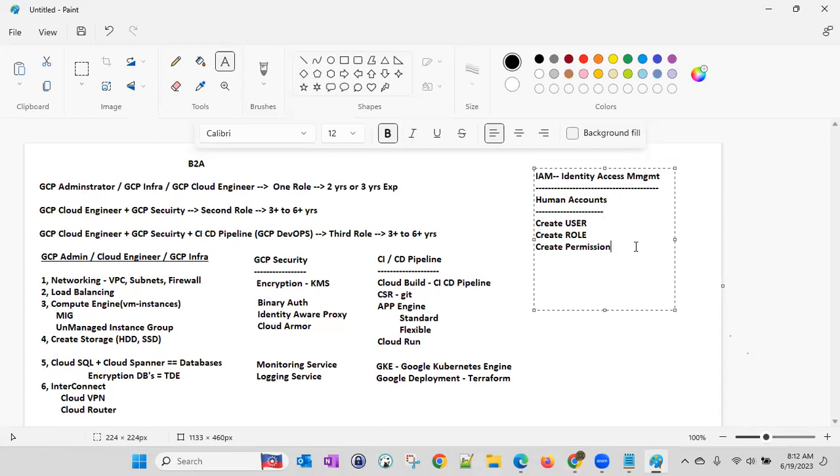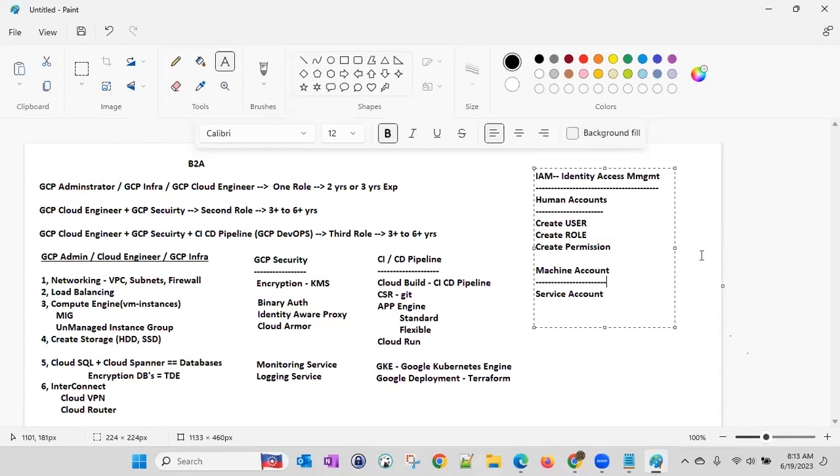Then later on, what is meant by service account? This is nothing but a machine account. This is one of the very important roles in any infrastructure, not only security, not only DevOps, not only on premises, not only GCP cloud or any AWS cloud.